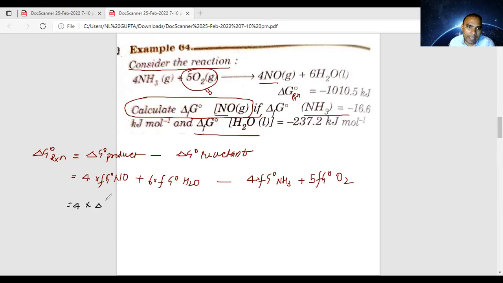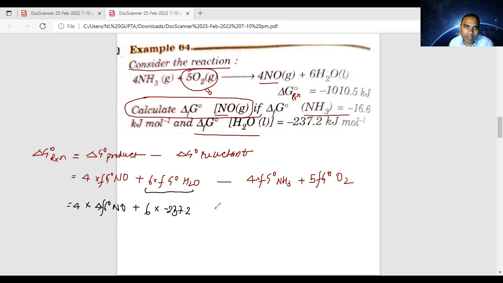H2O they have given, so it is 6 molecules, and H2O is minus 237.2, so 6 into minus 237.2.